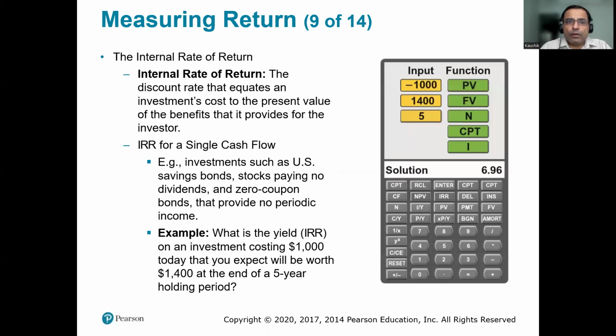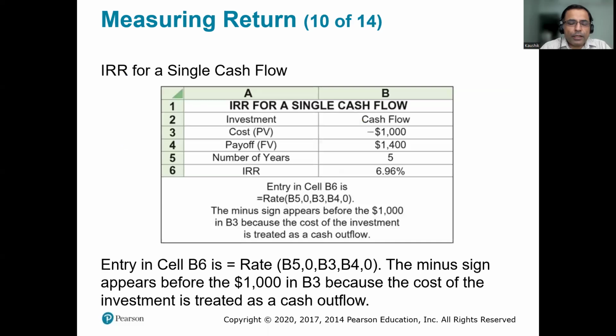So we can calculate internal rate of return using a financial calculator as well as an Excel file. So you can go through the steps in more detail in the textbook. So here the formula is given for both mechanisms.